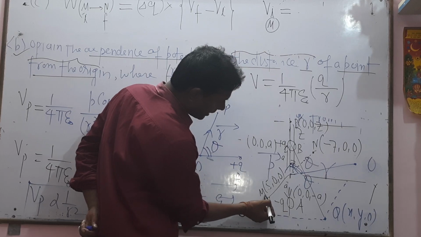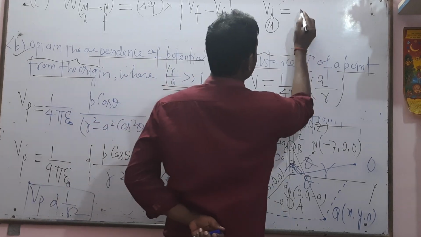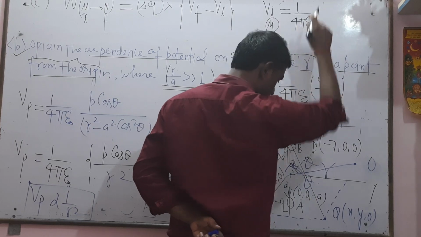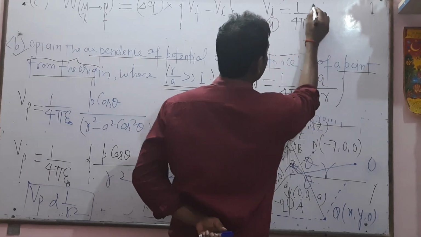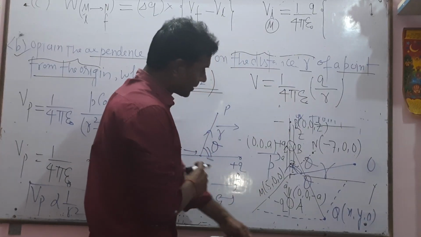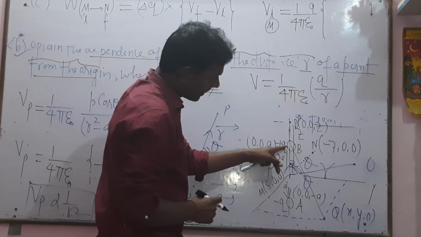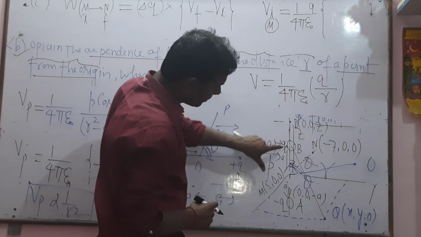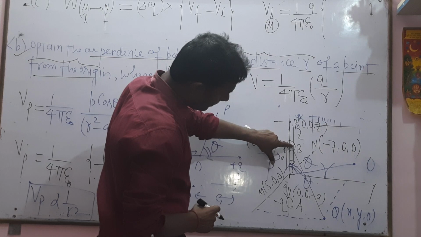So the potential at point m equals 1 upon 4 pi epsilon naught, charge q, which is the common charge, divided by the distance from the plus q charge. We need the distance bm.